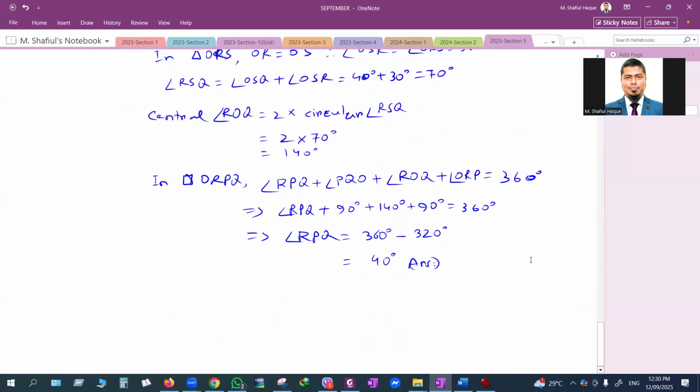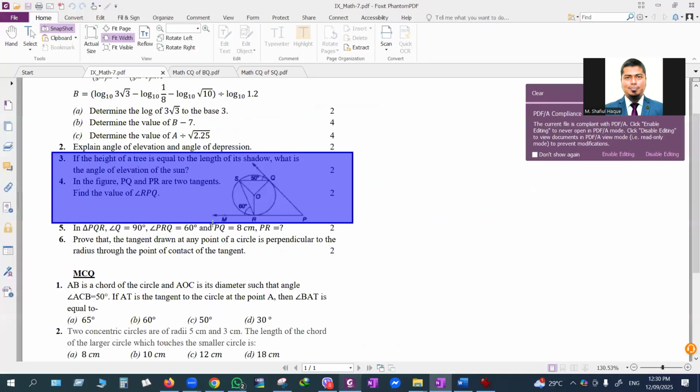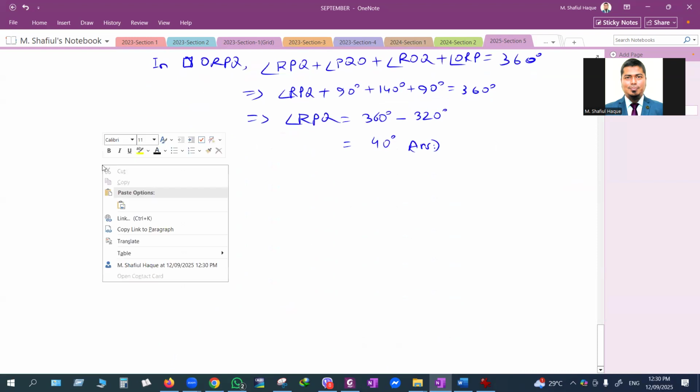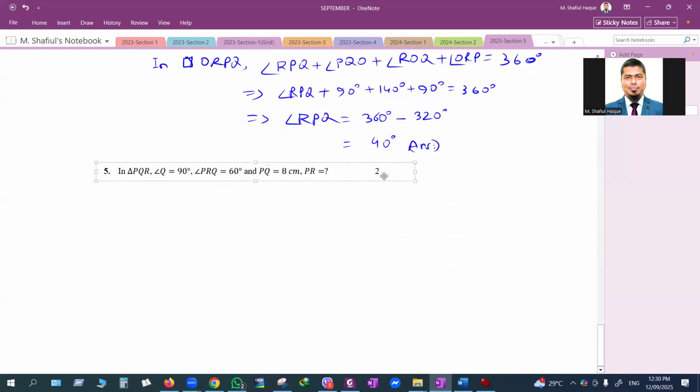Okay. Going to question number 5: in triangle PQR, angle Q is equal to 90 degrees, angle PRQ is equal to 60 degrees, PQ is equal to 8 centimeters, and find PR.